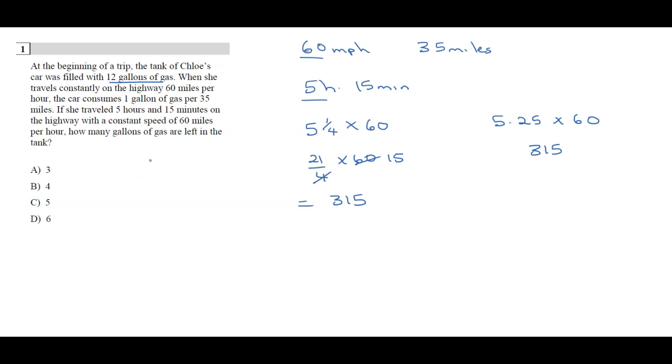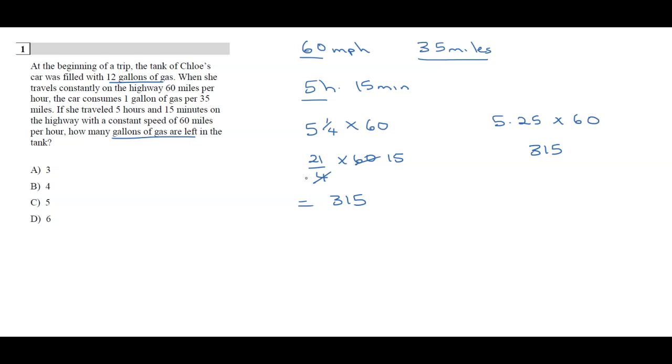So the question here is trying to find out how many gallons of gas are left. So the question you need to ask yourself is how many gallons of gas were used for this trip. Remember, she started with 12 gallons of gas, but when she travels at this rate, 60 miles per hour, she burns 1 gallon of gas every 35 miles.